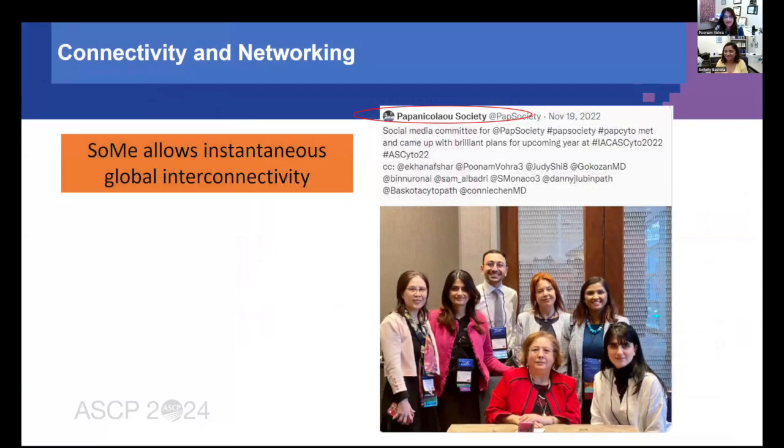Moving on, social media helps with connectivity and networking, as we know, and it also allows instantaneous global interconnectivity. Here we show an example of the social media committee of the Papanicolaou Society. We bring together pathologists from different countries, and we all collaborate and share updates on pathology.